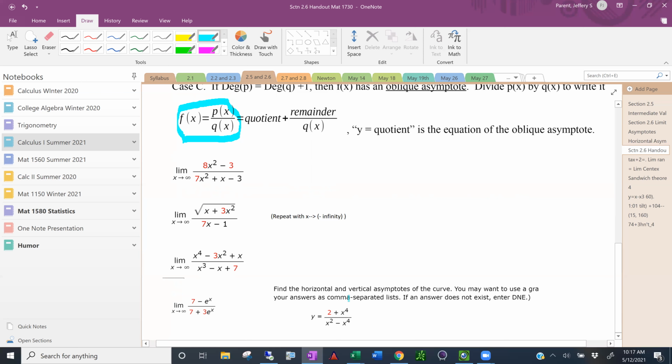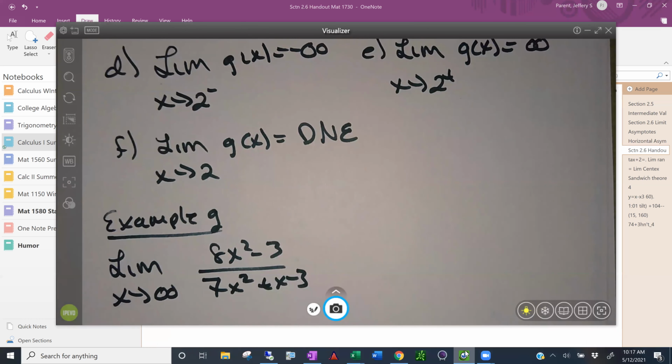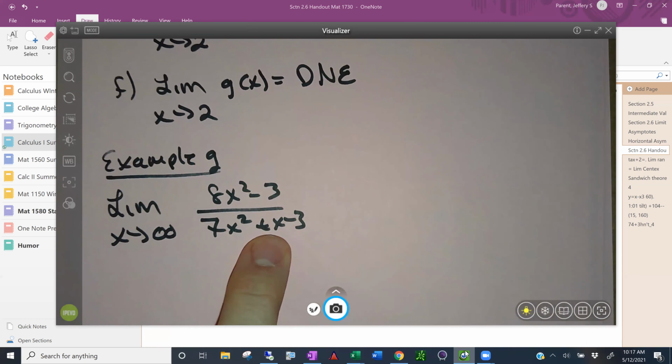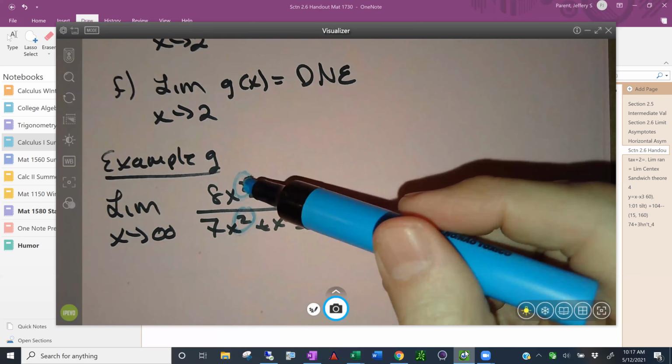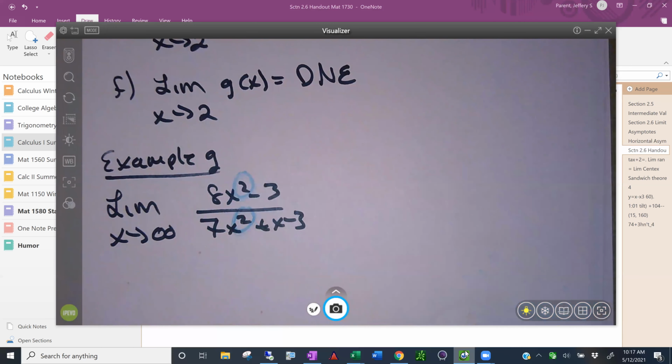Now there's a couple ways you can do this. There's actually a lot of ways you can do this. Of course, you could look at the graph, you could look at a table, etc. But the thing that should catch your eye is that both of these exponents are the same. You have the same degree in the numerator and the same degree in the denominator.